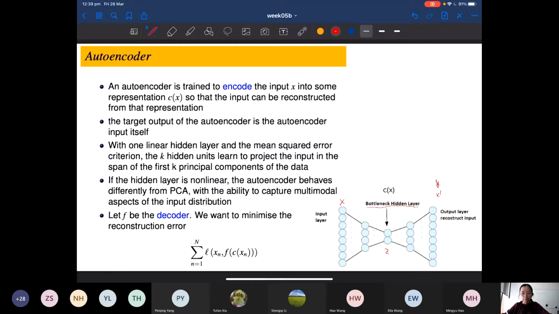So the autoencoder is trained to use a function C of X to encode the input into some representation C of X. The decoder output of the autoencoder, we can think of it as itself or variants of itself. Again, if the hidden layer is nonlinear, then the autoencoder behaves differently from PCA.